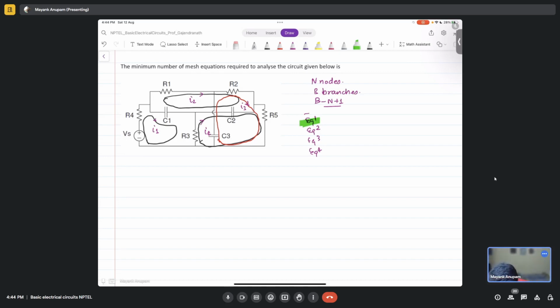Can you represent equation 1 as some a times equation 2 plus some b times equation 3 plus some c times equation 4? Can you get it in this manner?